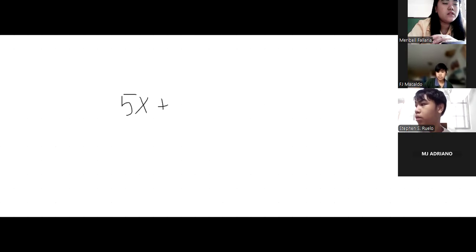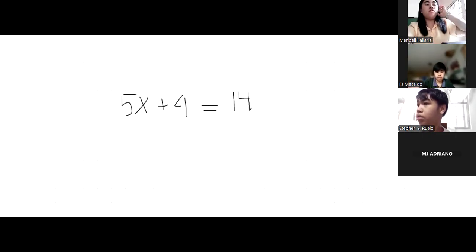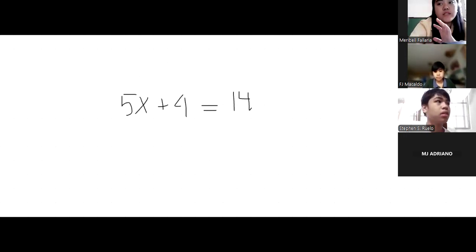For example, we have 5x plus 4 equal to 14. So 5x plus 4 is equal to 14. What is the first step? First step is we're going to transfer.